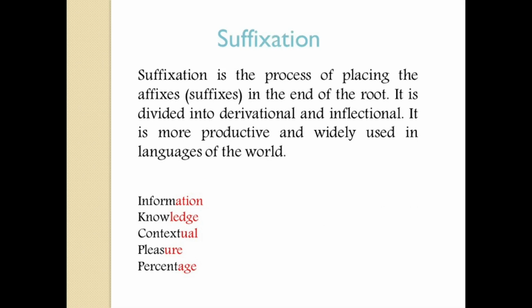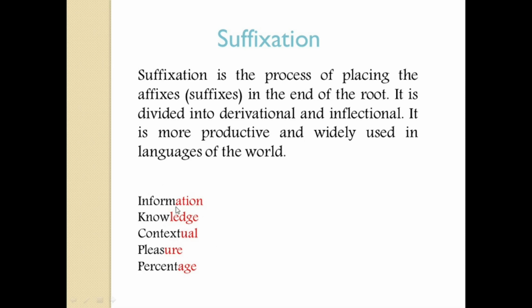Suffixation is the process of placing the affixes or suffixes at the end of the root. In prefixation we add the affix before the root, but in suffixation we add the suffix after the root. So we had inform, adding this -ation suffix, which becomes information.